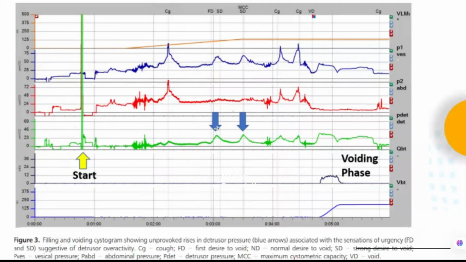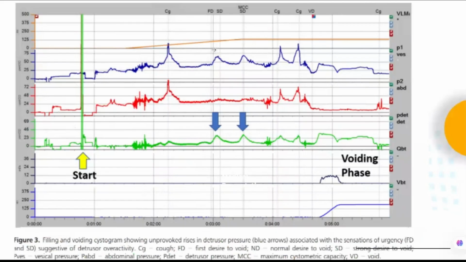But here, these are the changes which are not provoked. There is no cough here. Here there is a cough, so here it will be cough induced. But there is no such provocation, still there is a rise in the detrusor. This is associated with the sensation of urgency, suggestive of detrusor overactivity.